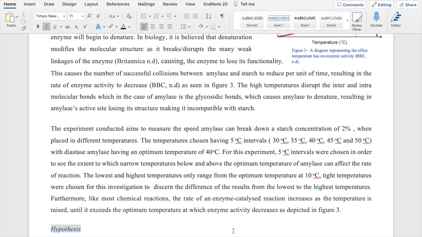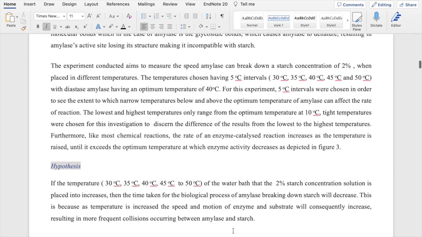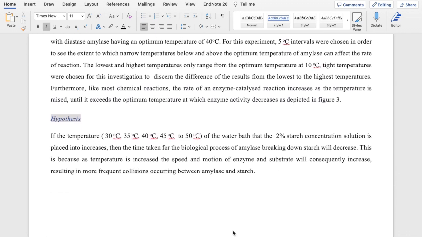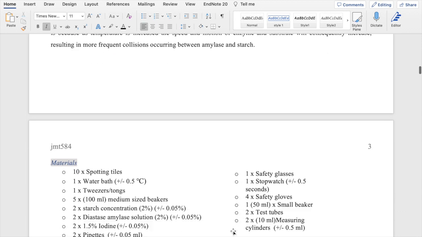Your hypothesis is usually going to align with your results, because you're pretty much just guessing what's going to happen, and you have to display it through your experiment. So I knew that if the temperature increases, there will be more collisions between amylase and starch, hence increasing the breakdown speed of the substrate. So that's what that is.